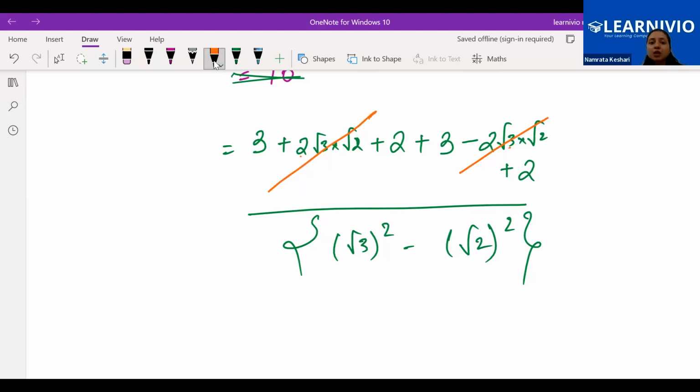Now 3 plus 2 is 5, 3 plus 2 is 5. So in numerator we are having 5 plus 5, in denominator we are having just 3 minus 2, and 10 is the final answer. Can you see it?